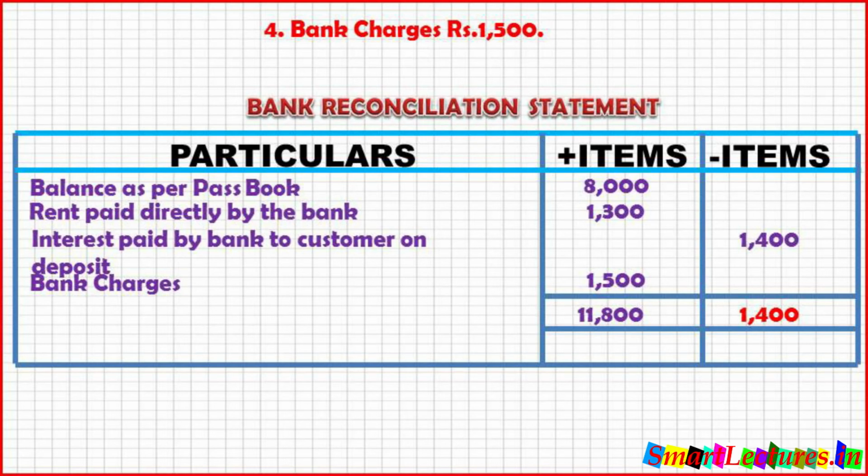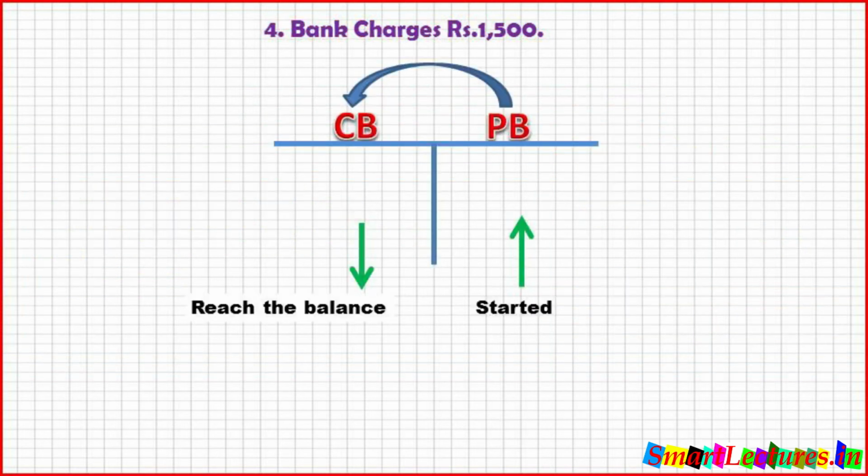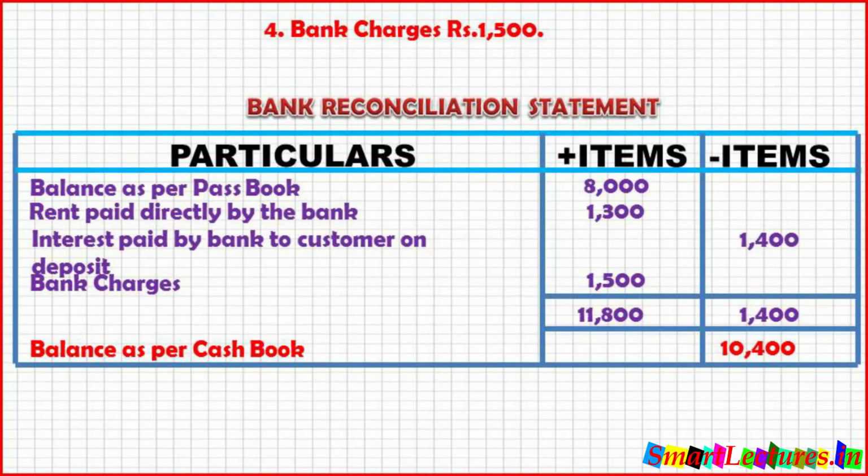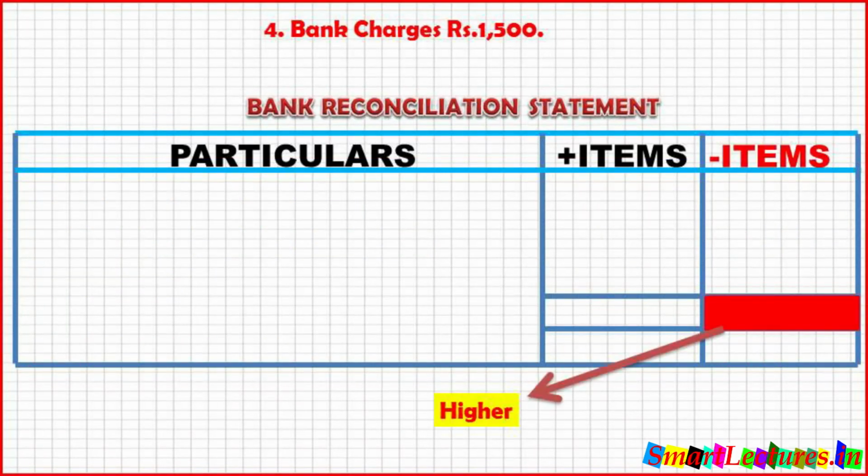You can see the total of plus items is higher than minus items. So our answer will be balance as per cash book, a positive balance. We started our question with passbook and we reach cash book: balance as per cash book 10,400. Let me tell you, if in any question the total of the minus side is higher, it means there is a negative balance, means overdraft. So this was the question and solution.